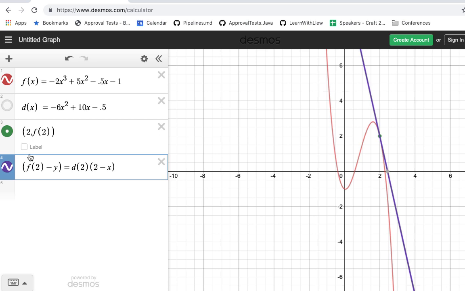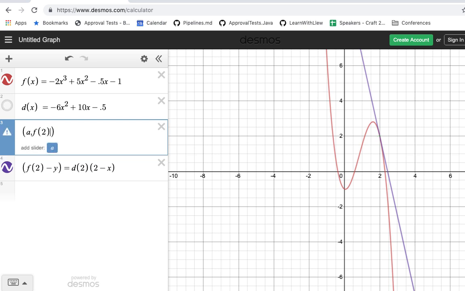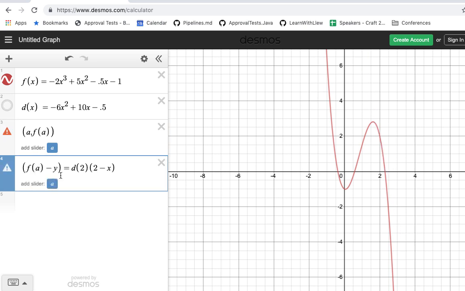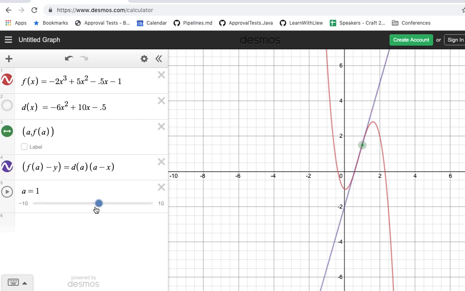Yeah, could be it. Let's get a little more generic. Let's just try saying A. So I'm going to swap all my 2s for A. And then let's add a little slider for A. Now I can sort of see it. Yeah, no, that definitely looks like it's working.